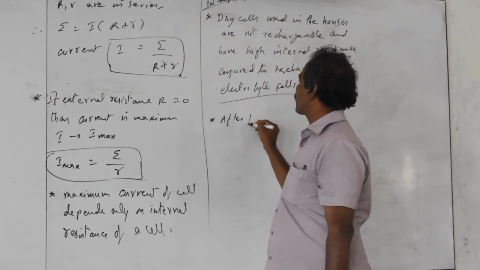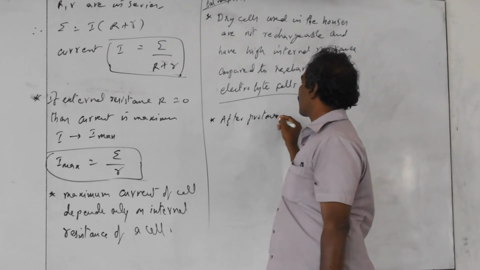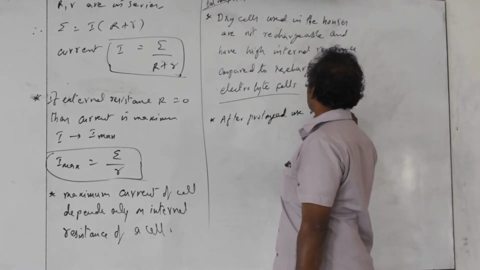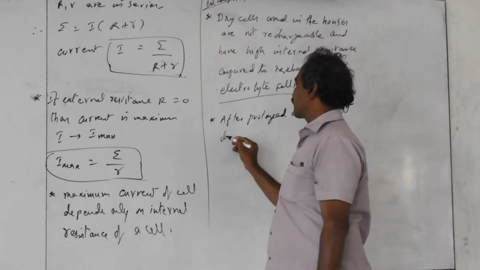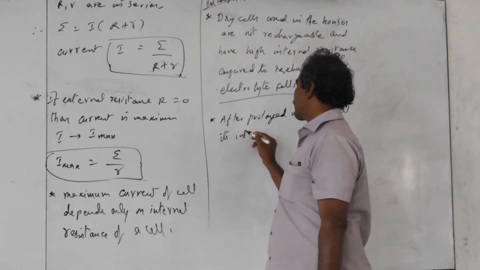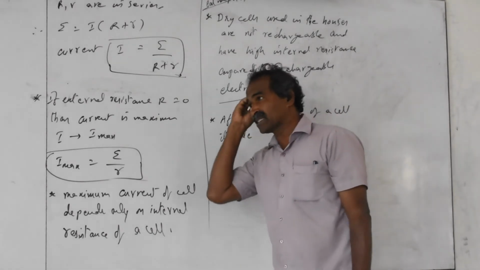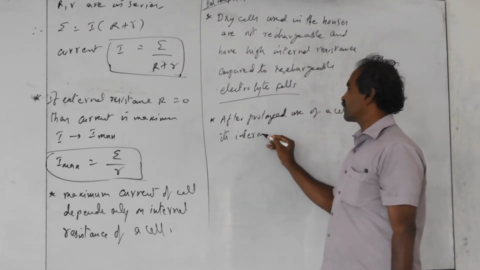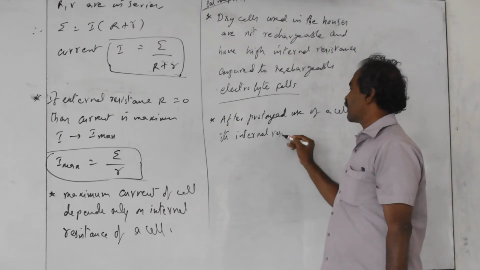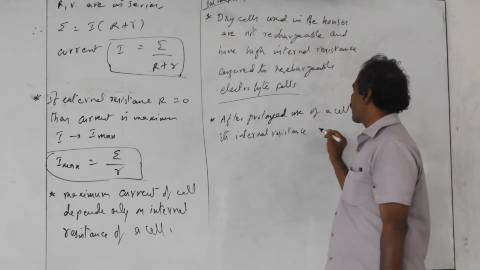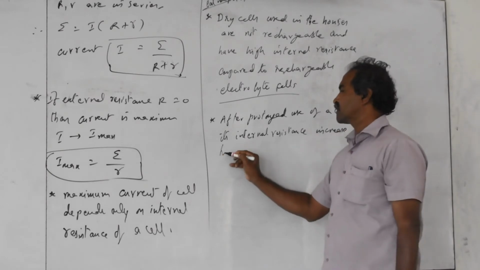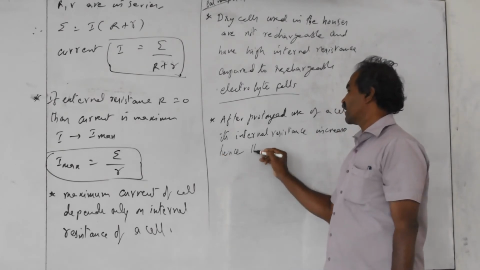After prolonged use of a cell, its internal resistance increases, hence the current decreases. I am not telling you the mechanism involved in this, it is not required for you.